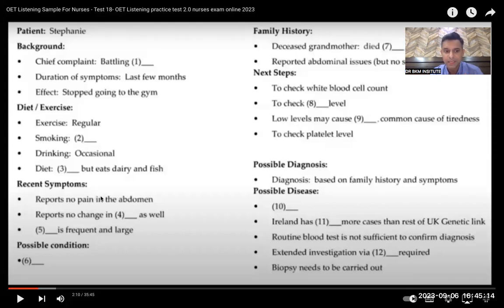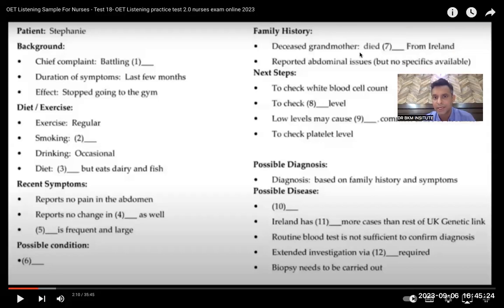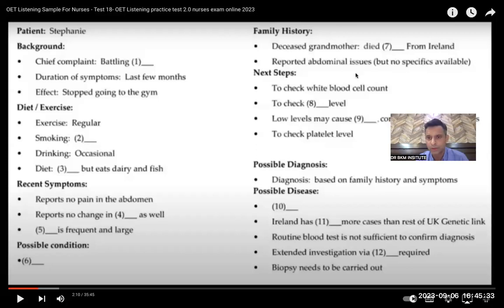Then symptoms: reports no pain, reports no change in dash as well. So there would be no change in one of the symptoms. Dash is frequent and large, dash, then deceased grandmother died, dash from Ireland. So most probably some disease or maybe the year will come. Then you will talk about reported abdominal issues. So you can understand the topic.